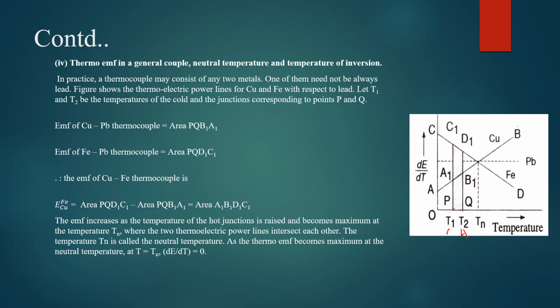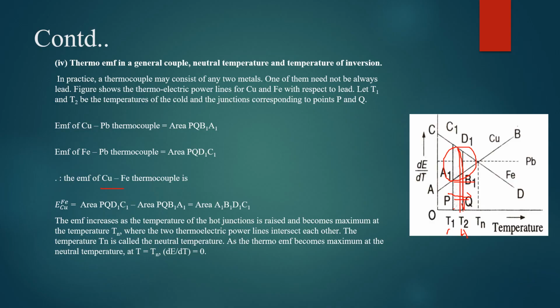Therefore, the EMF of the copper-iron thermocouple is, we have to subtract these two areas, that is area PQD1C1 minus area PQB1A1. Remaining is the area A1B1D1C1. This remaining area is this.